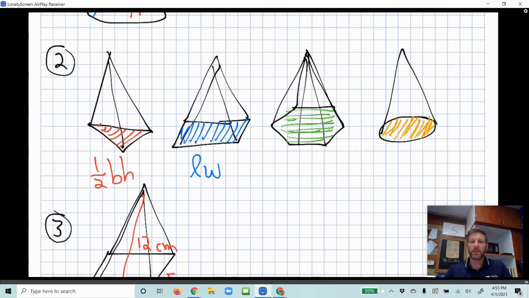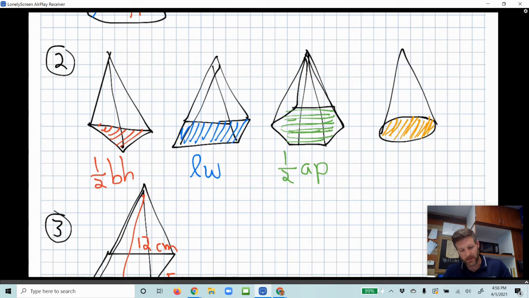So how you calculate the base will always change. If your base is a regular polygon, like a hexagon, that's going to be 1/2 AP. All those area formulas we learned in previous chapters are coming into play. They're not something you want to forget; you're going to have to keep using them.